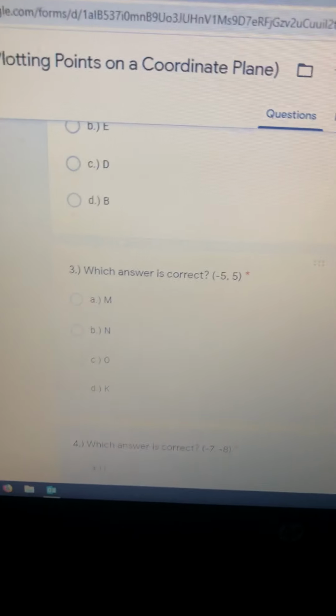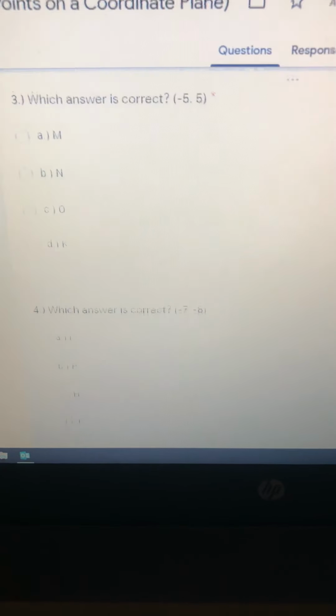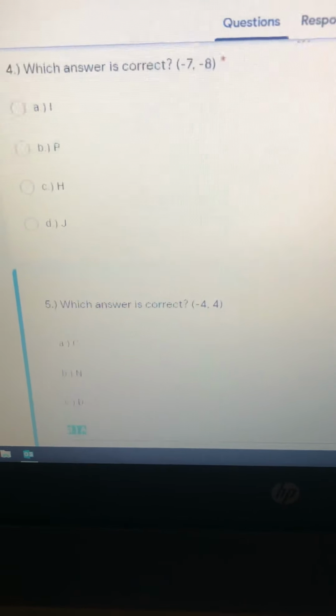All right, number 5. Nope, that was number 5. Number 6. 5, -5, 0. So we're staying on the x-axis. We're staying on the x-axis, right?